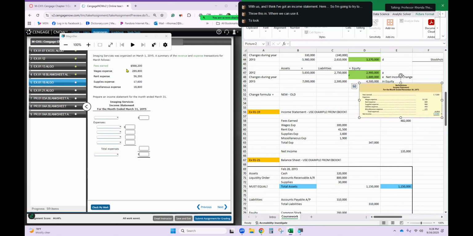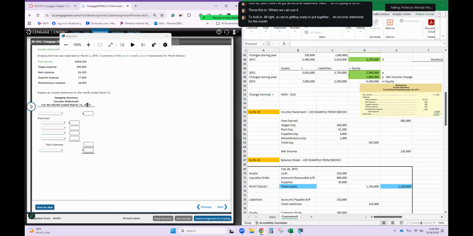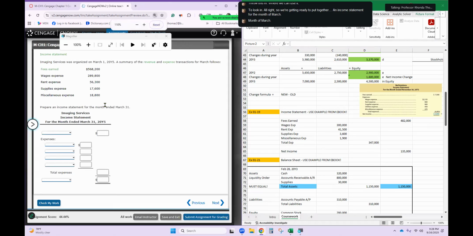All right, so we're getting ready to put together an income statement for the month of March. Month of March, we're imaging services. Fees earned goes in first, and usually fees earned is one of the biggest numbers on the list. Okay, we're going to put expenses in descending order, except miscellaneous will be last, no matter how much it is.